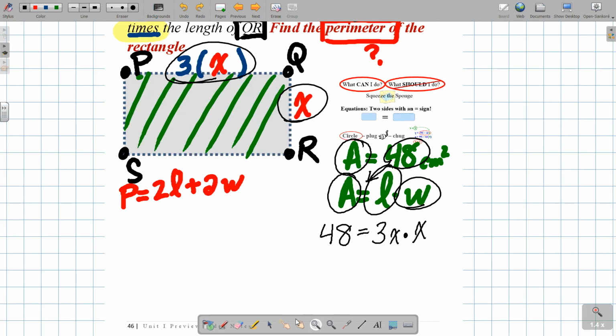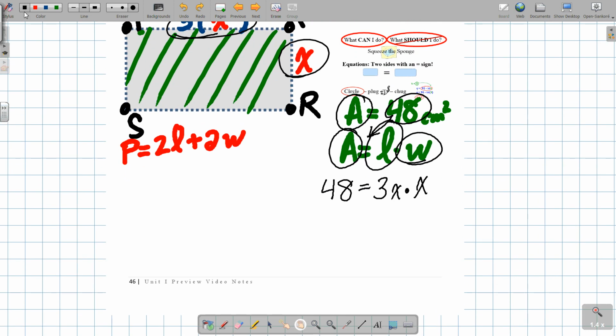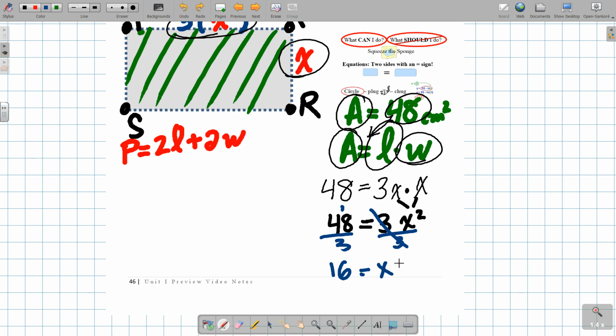Plug it in. That's 4. This side length here is 12. Our ultimate goal is to find the perimeter, so let's circle, plug, chug. Perimeter, circle it, we don't know. 2 parentheses, circle the L. 12 plus 2, circle the W. Do your own math.